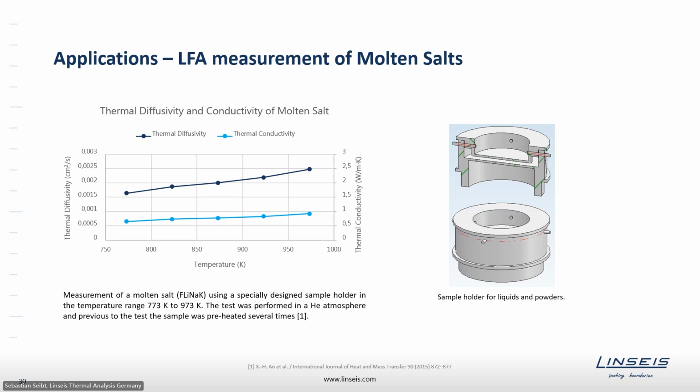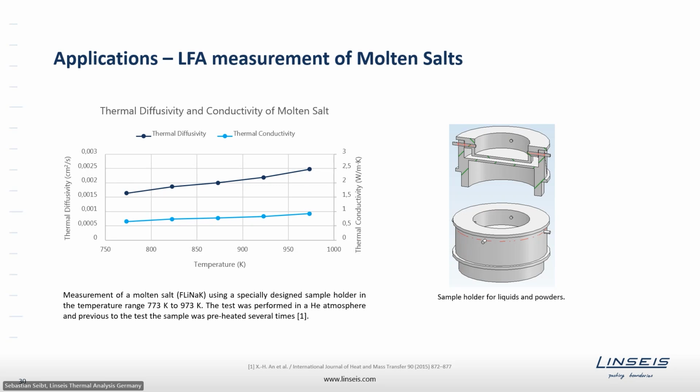On the left, you can see then the results of the measurement after this preheating to remove all the bubbles and have a good contact. And you can see also that the thermal diffusivity was recorded. And out of this and the specific heat capacity values, which were obtained using a DSC, the thermal conductivity could be determined.